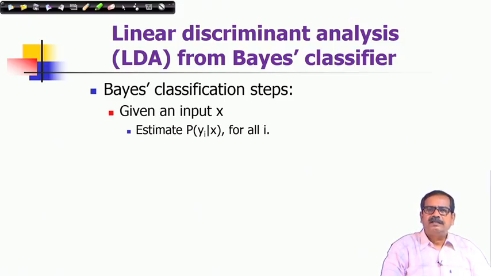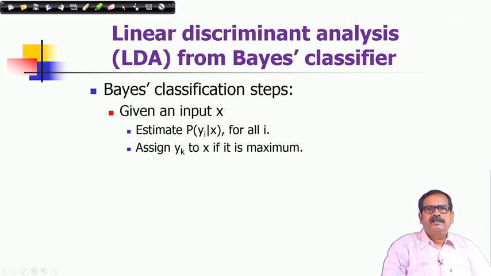Note that yi in this case could be either +1 or -1, as there are two classes. Then we assign the class yk to x if it has the maximum posterior.